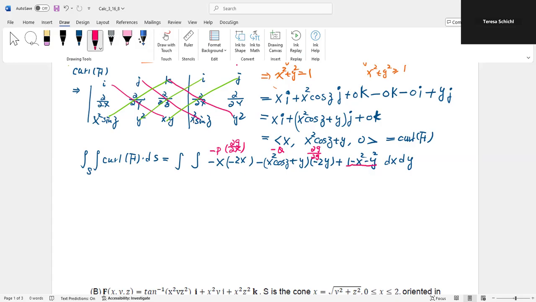This is plus R function, right? So this is plus my R function here. So my R function, okay, I'm sorry, here the R function will be zero here, right? Because the R function here will be 0. Okay, and then dx dy.